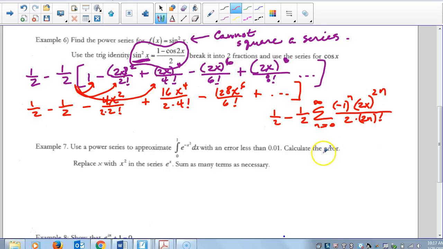And this 2, it's not down there yet because I stuck a 1/2 out there, so let me not do this yet.